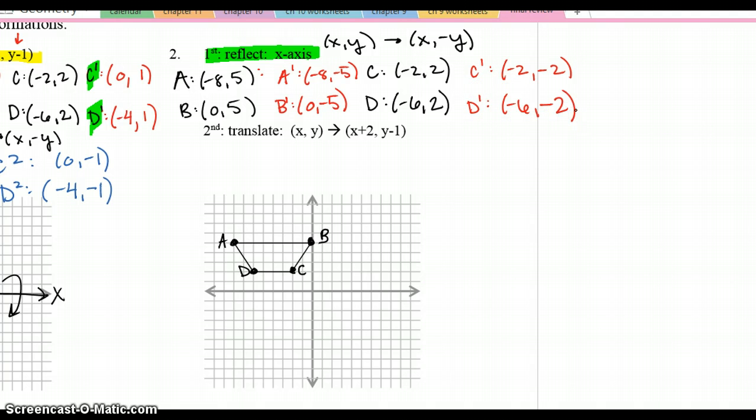I just changed the sign of my y value. Let's graph this. A is at negative 8, negative 5. B is 0, negative 5. C is negative 2, negative 2. And D, negative 6, negative 2. And I'm going to label each of these A prime, B prime, C prime, and D prime. So this is my reflected image.